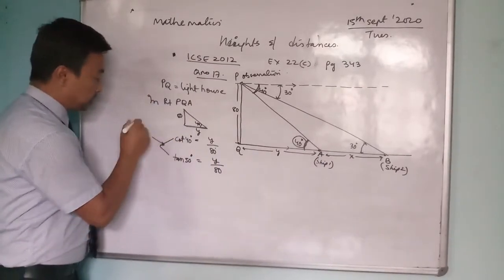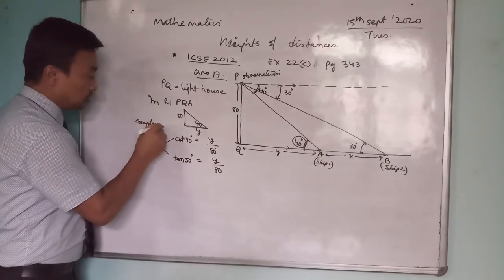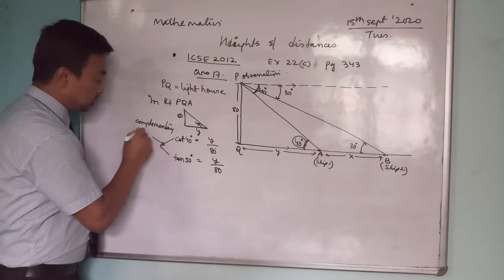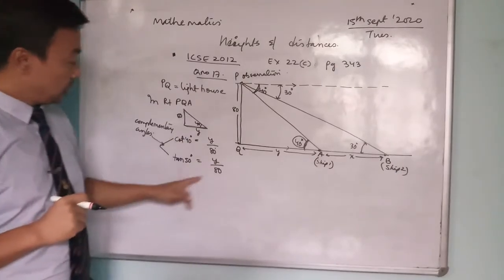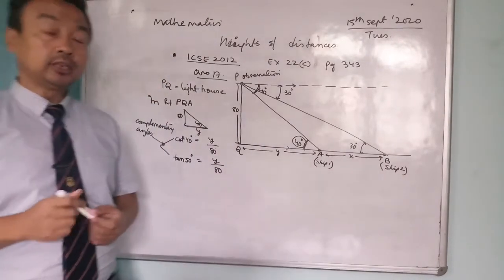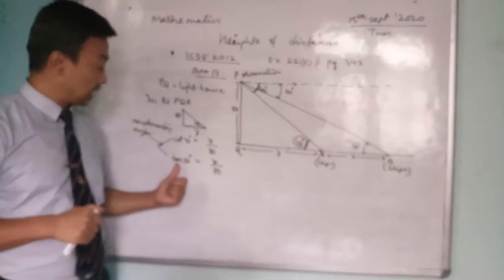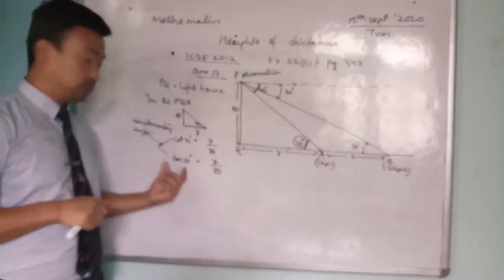This is from the property of trigonometric ratios of complementary angles, which you have done already in class 9. Now for tan 50 degree, you can ask for the trigonometric table in your exam hall. It will be a booklet with a red color or sometimes some other color.